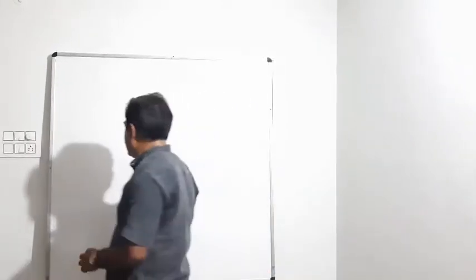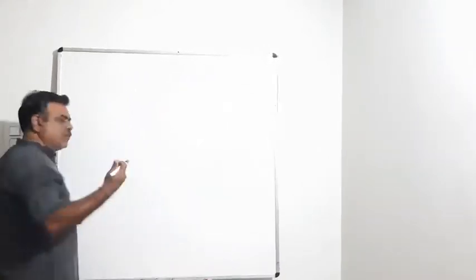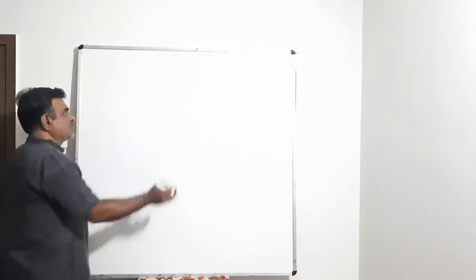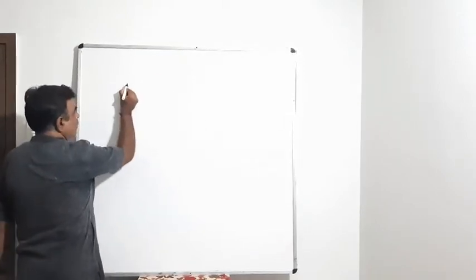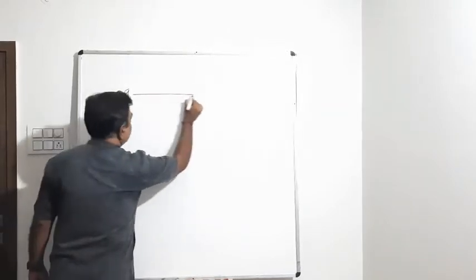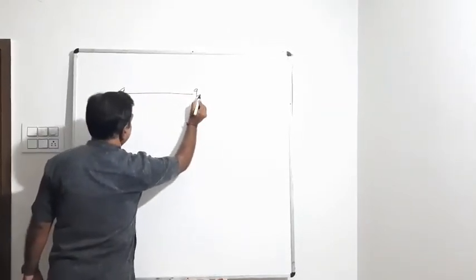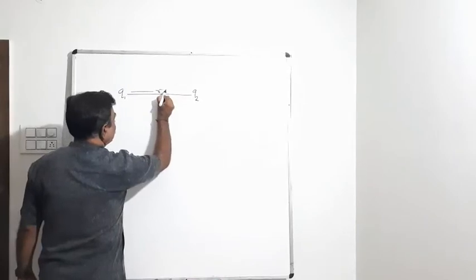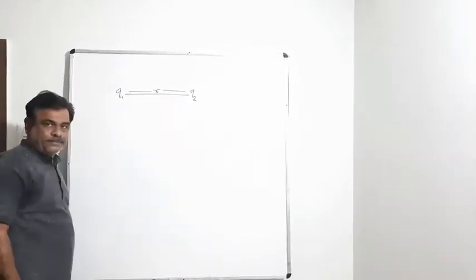Now going through Coulomb's law, it is almost analogous to the gravitational law you discussed in class 11, with just one or two differences. Let's say you have two charges, Q1 and Q2, separated by some distance r.